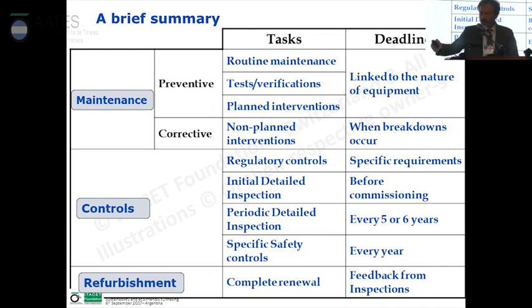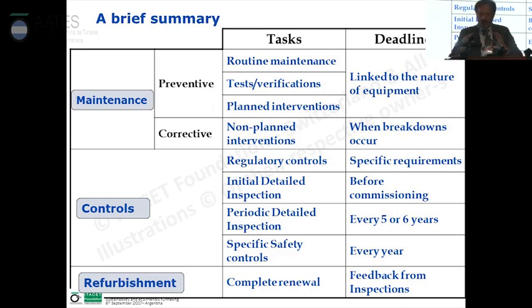So, on the slide, this is a brief summary of the 3 aspects: maintenance, control, refurbishment, and the main tasks we can find in different categories, and also when they have to be done, the deadlines.